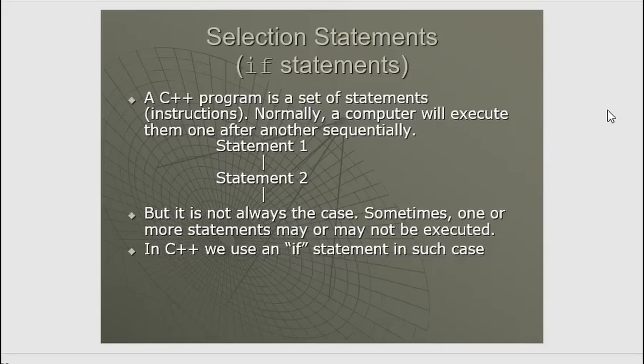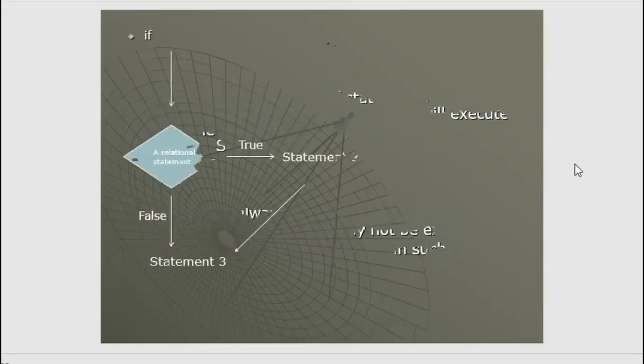A C++ program is a set of statements or instructions, and normally a computer will execute those instructions one after the other sequentially. But it is not always the case. Sometimes one or more statements may or may not be executed. So in C++, we use an if statement in such a case.